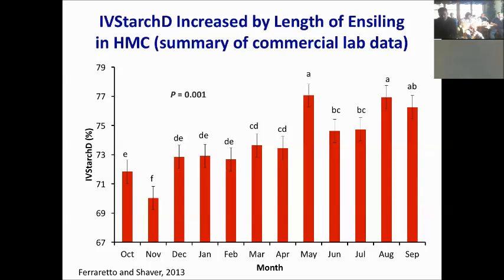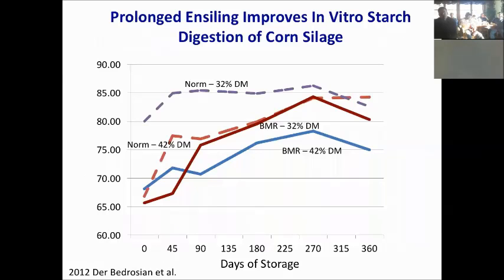This is some data from our lab several years ago looking at BMR corn silage and a normal corn silage hybrid. Again, the first thing I want to show you is that there's this trend over time that the hybrids are improving in starch digestibility. Not sure whether this little dip here is real or not, but the big trend is here.